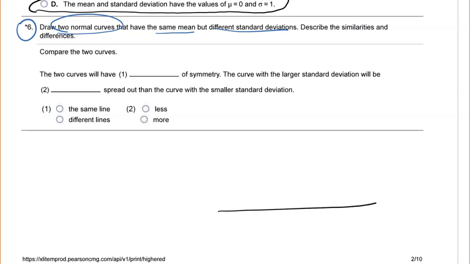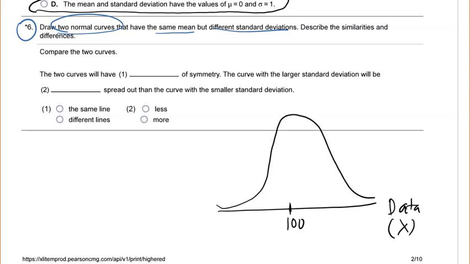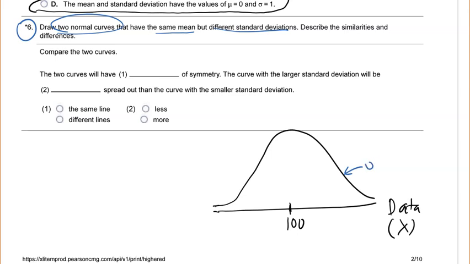This is the data here, the x value, and this is the mean. Let's say the mean is 100. For example, that's the one curve. Let me draw properly here. That's the one. And the standard deviation for this curve, let's say sigma equals 10.